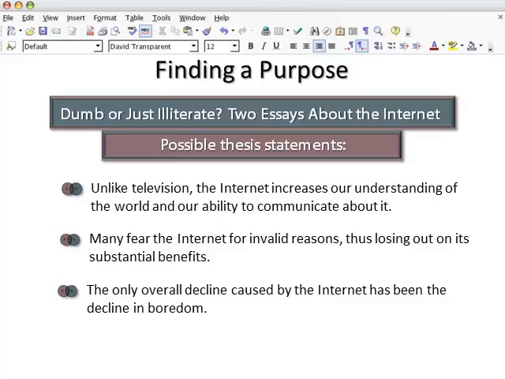Once you have a clear thesis, then and only then can you go about the important task of outlining your essay as you select and arrange details that allow you to achieve your writing purpose.